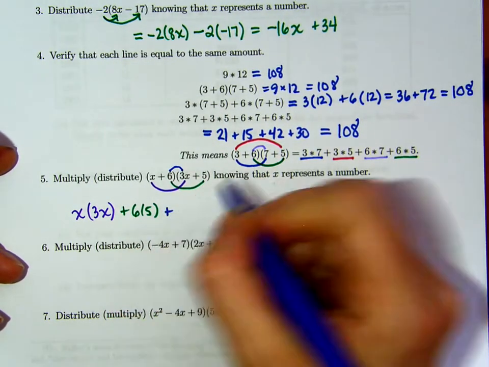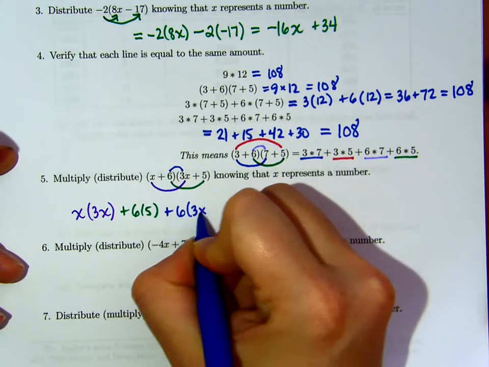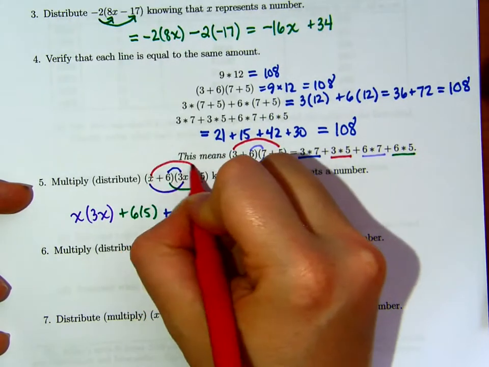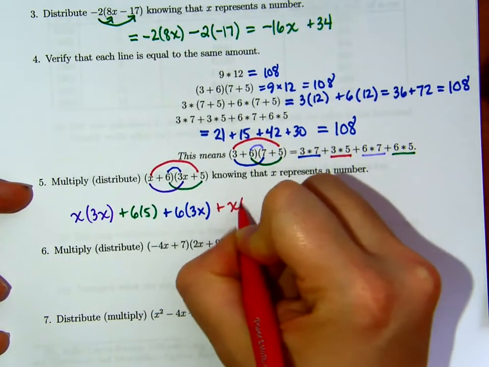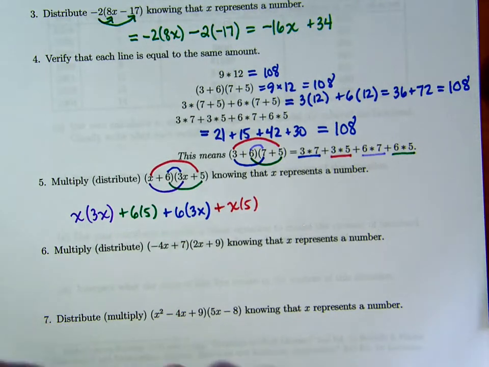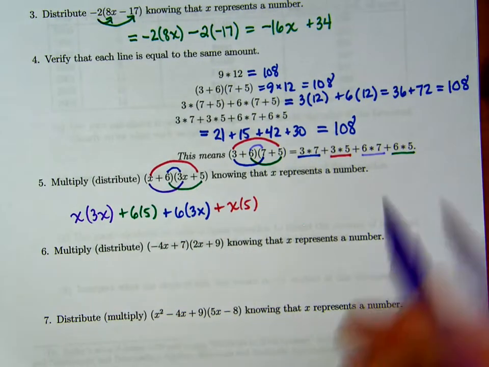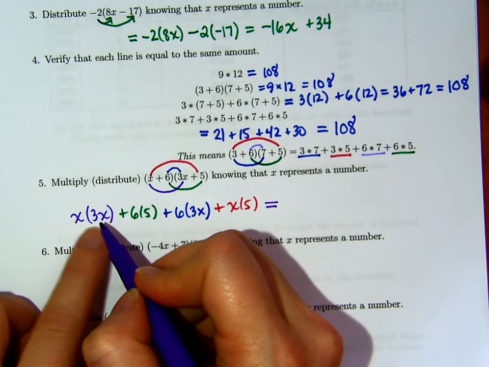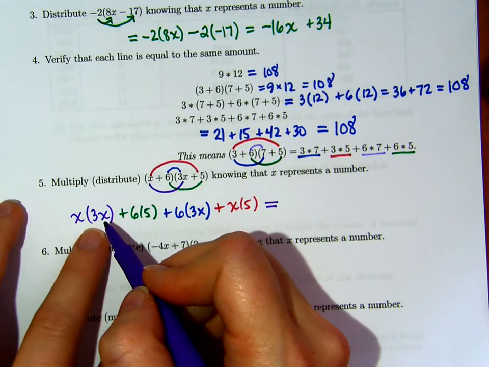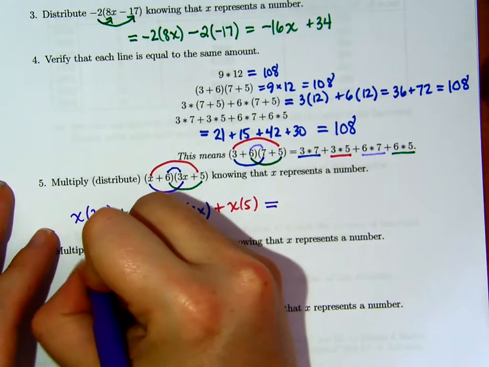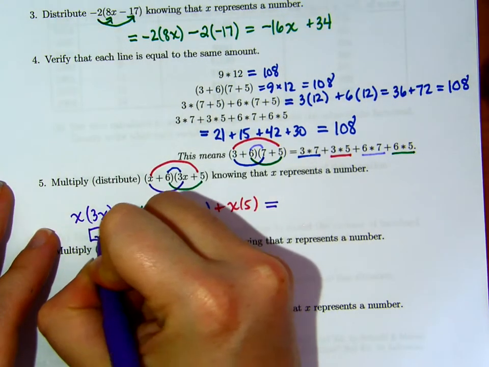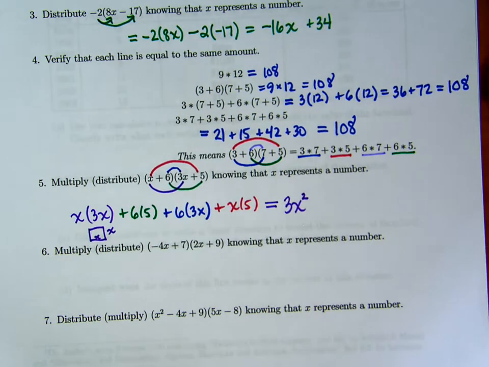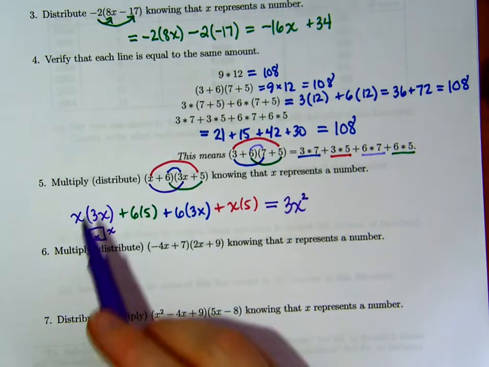We have a 6 by 3x. And we have an x by 5. Or an x 5 times, however you want to say it, right? So this is 3x, x times, but an x by x, remember, is an x squared. So this is 3 x squareds, or x squared 3 times.